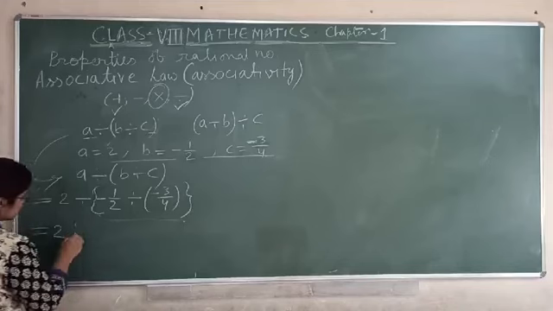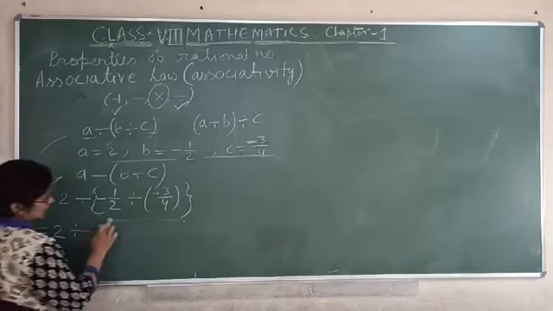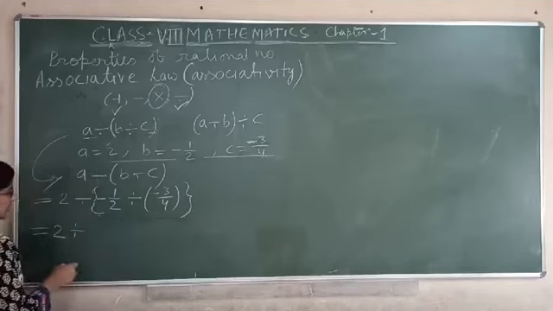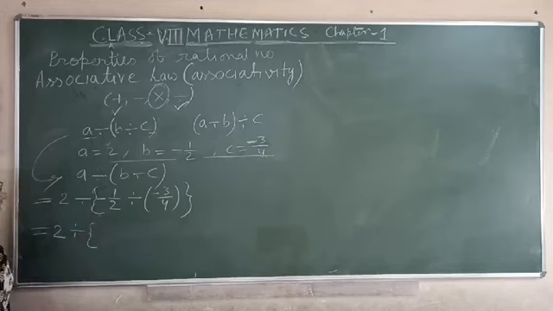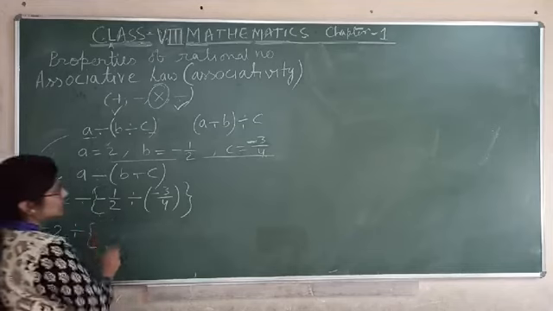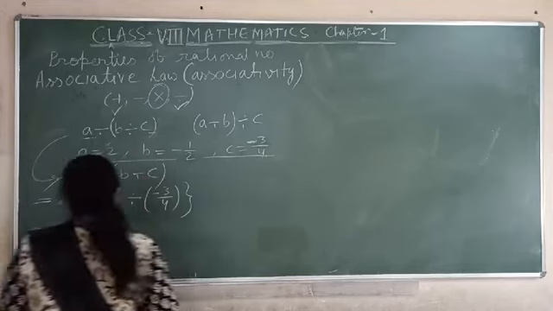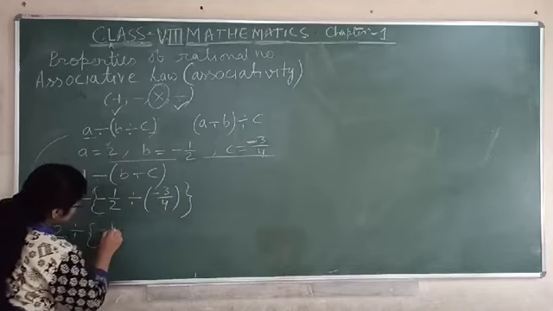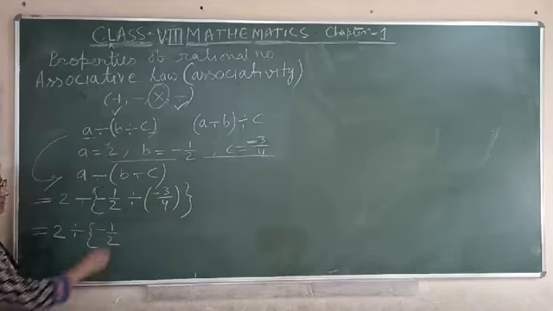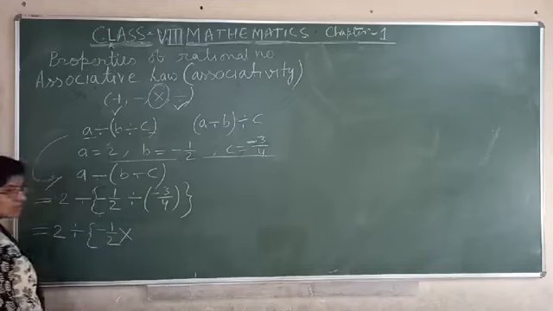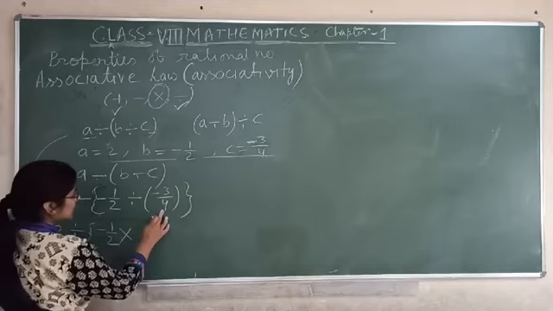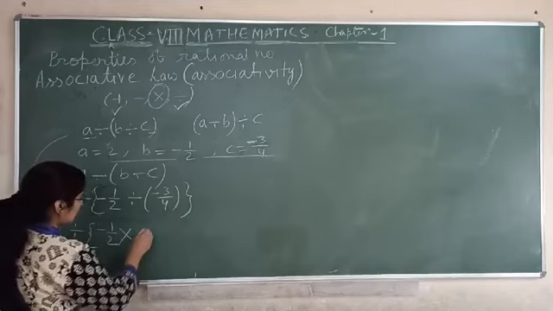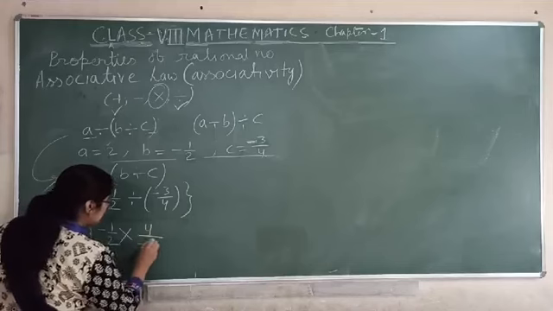In 7th class you learned division. Have you remembered? So minus 1/2 remains as it is. This divide sign will be changed into multiply and we will take the reciprocal of this one, 4/-3.